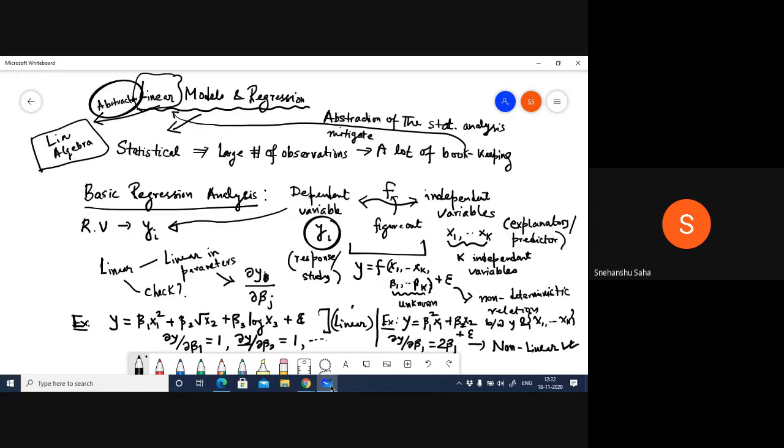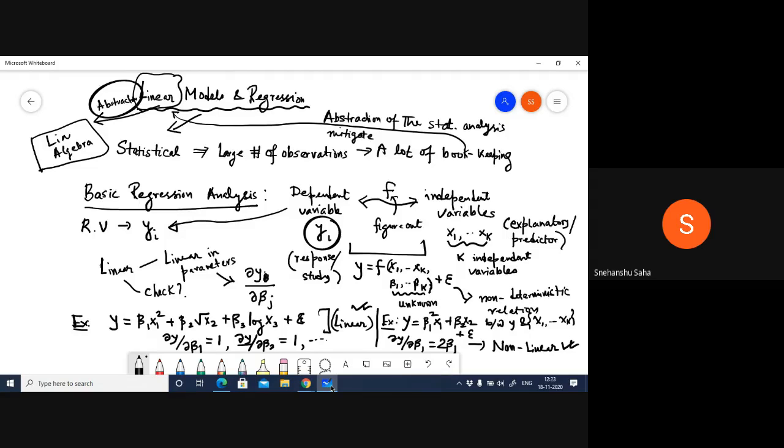Our attention will only be centered around linear models, because we want to tie this up with the concepts we have learned in linear algebra. If the function you are about to determine is linear in the parameters, then it's a linear model. Otherwise, it's called a non-linear model.